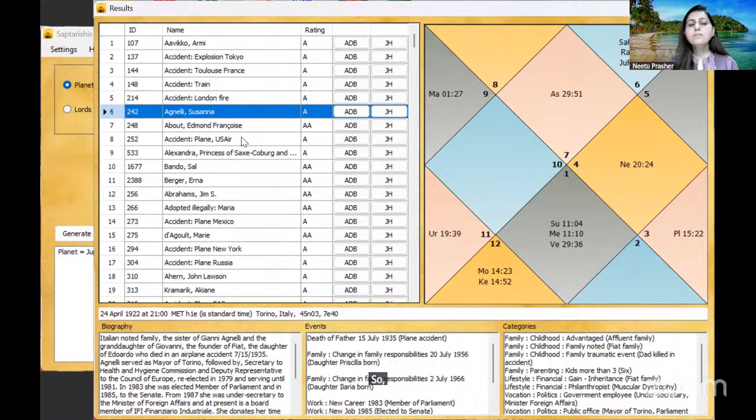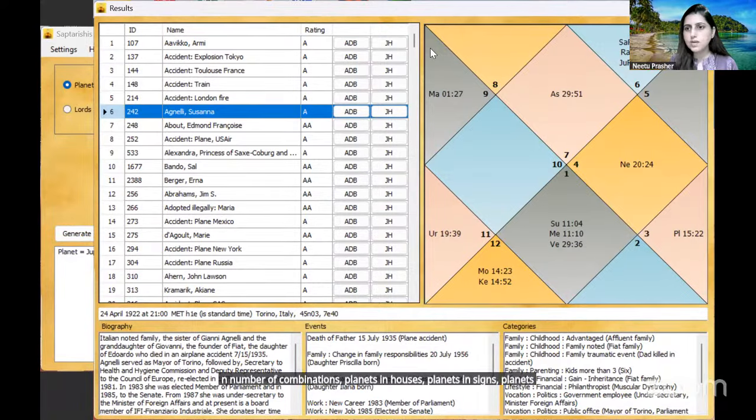So this is a beautiful, beautiful software where you can find n number of combinations: planets in houses, planets in signs, planets in nakshatras, lords of houses, what nakshatra they are in, what sign they are in, and events. That's the most beautiful part of it.